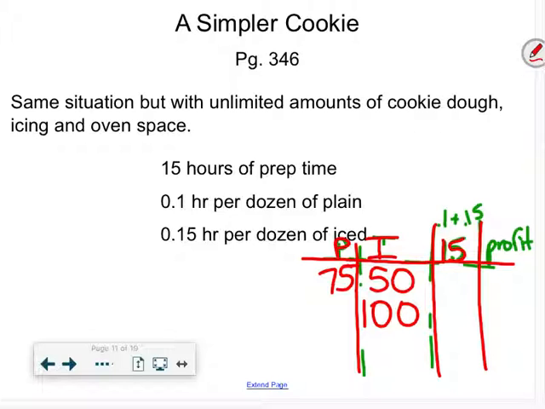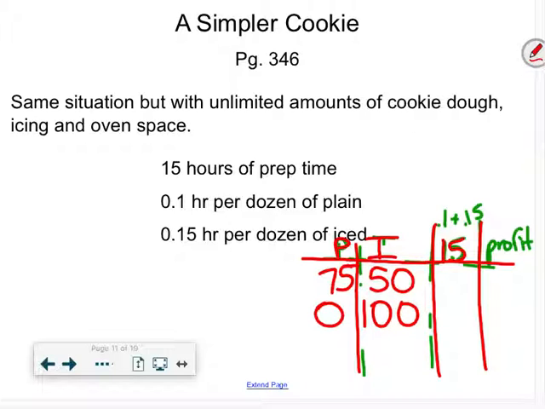I did 900 divided by 9. Okay, and if we were in hours, what would that be? 15 divided by 0.15. Good, listen up, 15 divided by 0.15, which tells us there's 100 iced, and that's using exactly 15 hours. We didn't have a decimal, so that means we have no plain possible, okay?